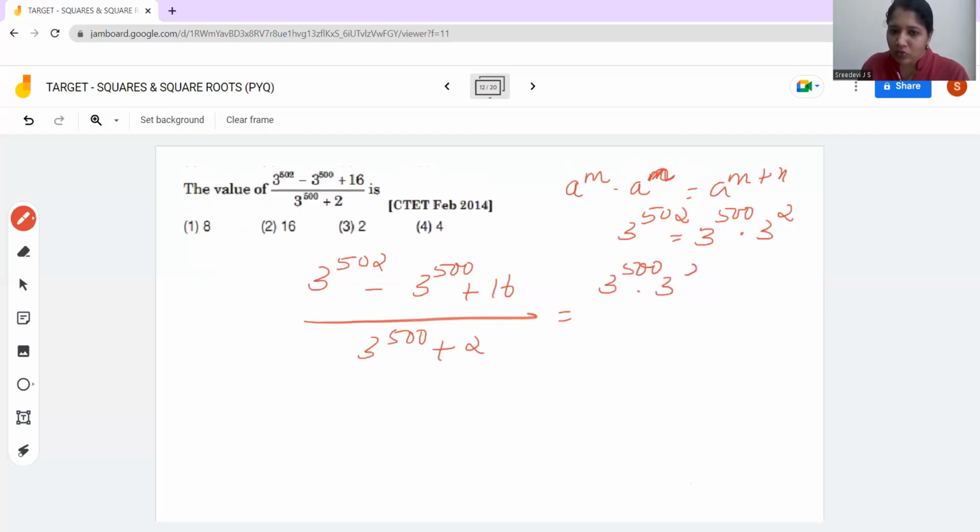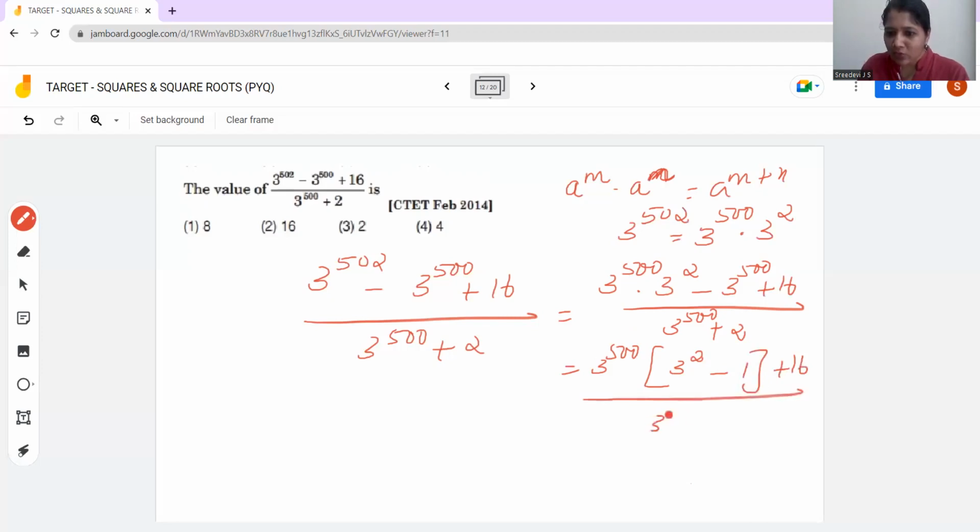So I'm going to split and write 3 to the power 502 as 3 to the power 500 into 3 to the power 2, minus 3 to the power 500 in the question, plus 16 by 3 to the power 500 plus 2. Now I can take the common factor 3 to the power 500 here. The remaining will be 3 to the power 2 minus 1, right, plus 16 divided by 3 to the power 500 plus 2.